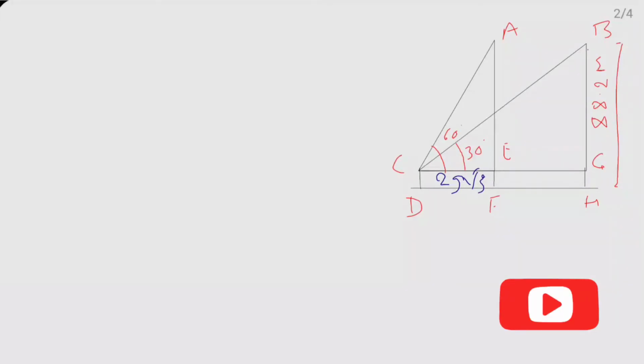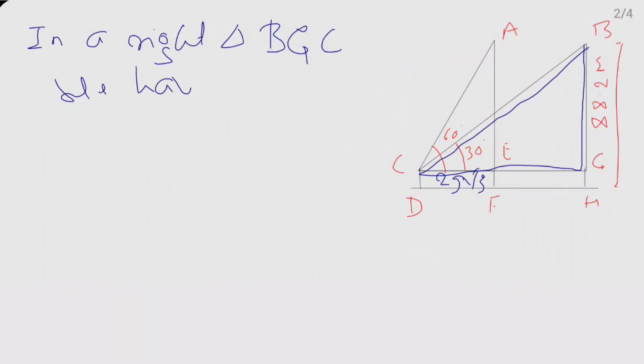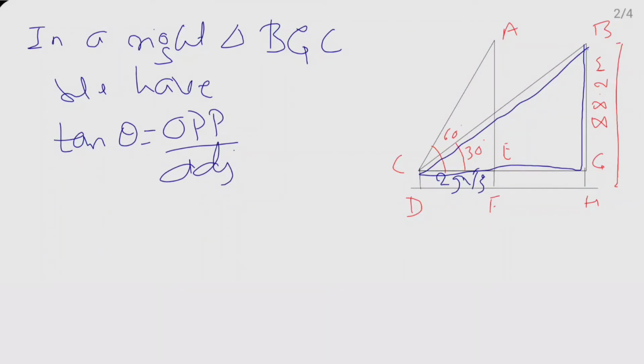And now I will consider triangle BCG. So write down, in right triangle BGC, we have tan theta equal to opposite by adjacent.